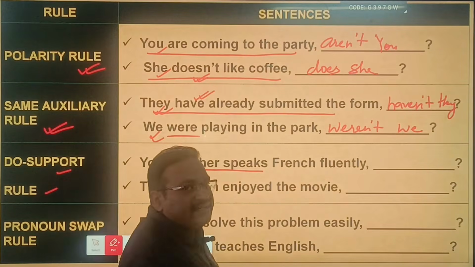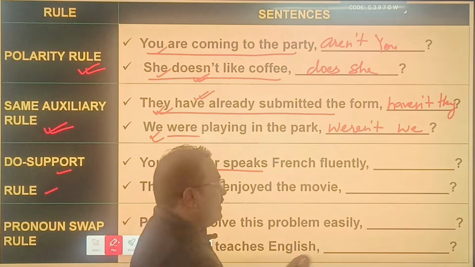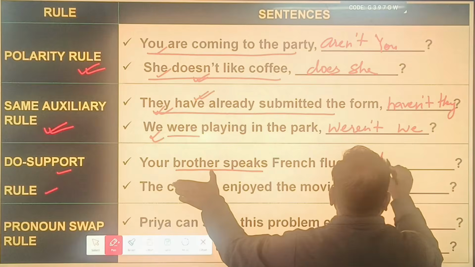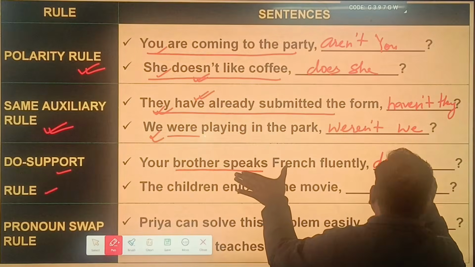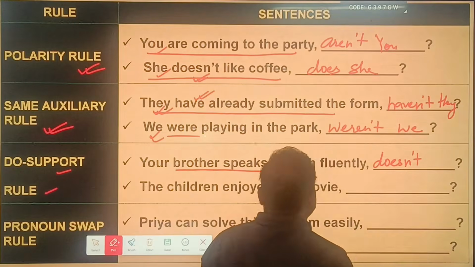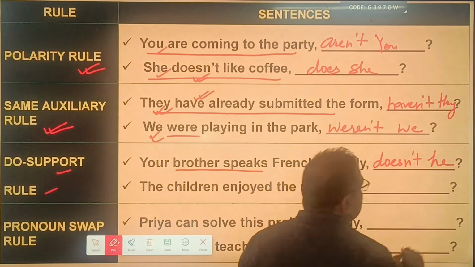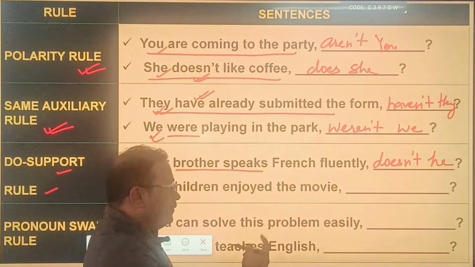This is simple present tense. So in simple present tense we have do, does. So for your brother, we use does. Since it is positive, so we'll use doesn't. Your brother, pronoun will be he. We don't use noun, we use pronoun.